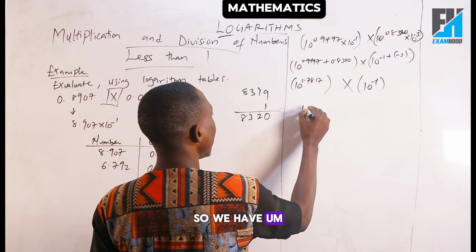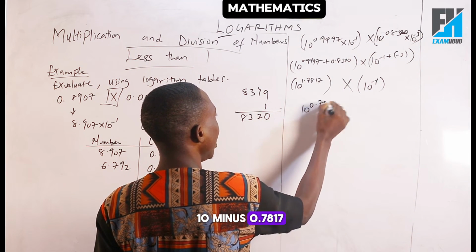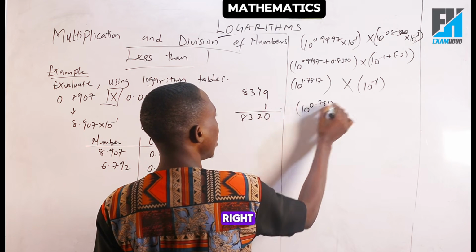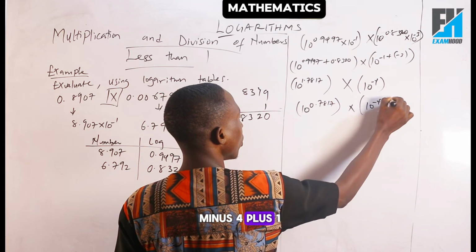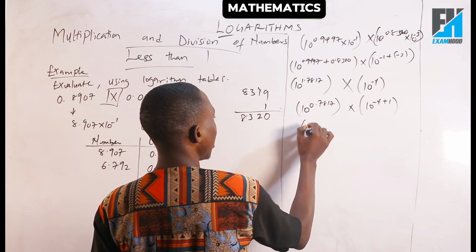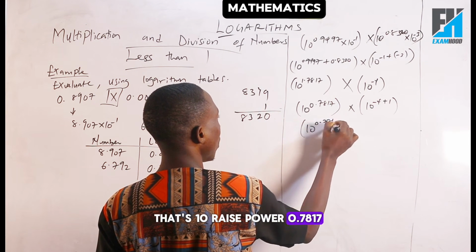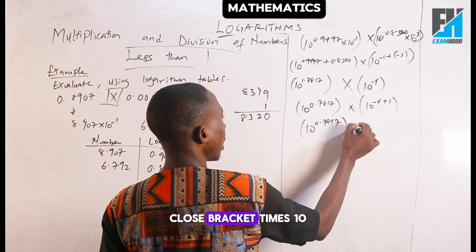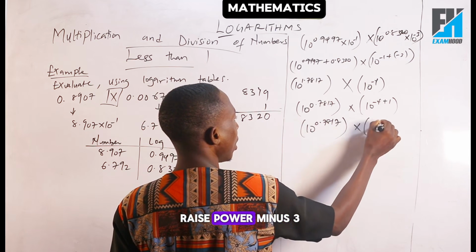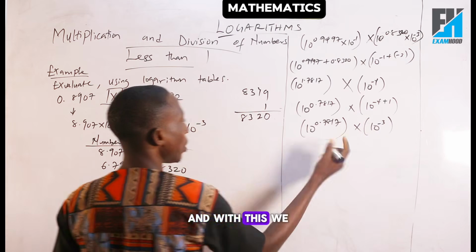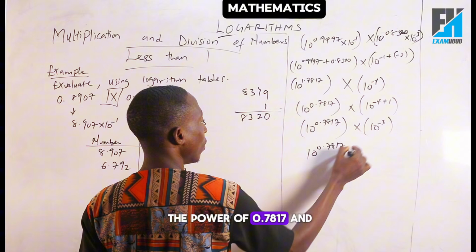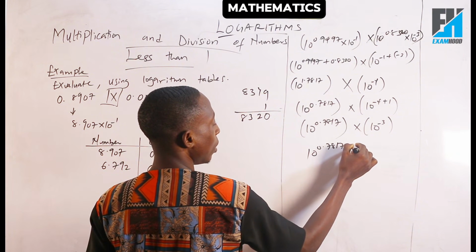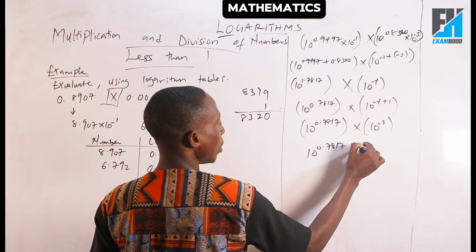So we have 10 raised to the power 0.7817, right? Times 10 raised to the power minus 4 plus 1. Did you get that? That's 10 raised to the power 0.7817, close bracket, times 10 raised to the power minus 3. And with this, we can say 10 to the power of 0.7817 and minus 3.